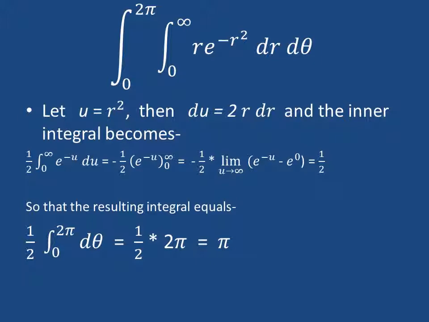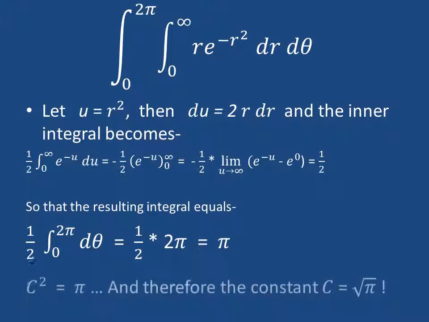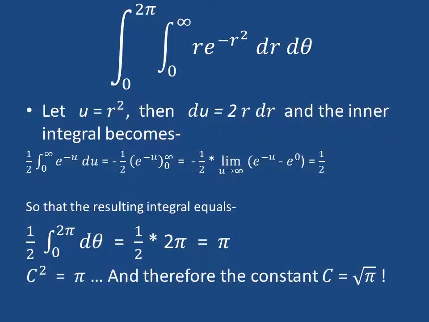The value of the integral is 2 pi. And when you multiply 1/2 times 2 pi, you get pi. This is the value of c squared. C squared is pi. Therefore, the constant that we've been looking for this entire lesson is, surprise, surprise, the square root of pi.